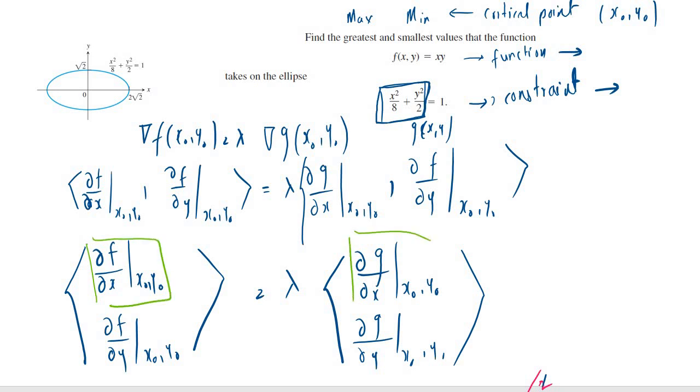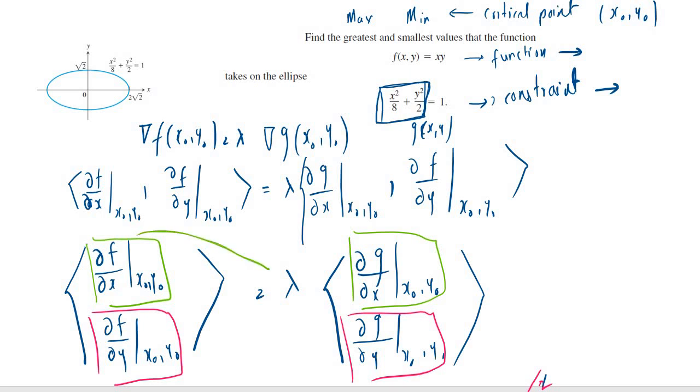When you do this, it is easy to see that these values can be grouped together because they are partial derivatives with respect to x, and these values can be grouped together for y. So we can make two equations, equating the partial derivative of f with respect to x to lambda times the partial of g with respect to x, and likewise for y.